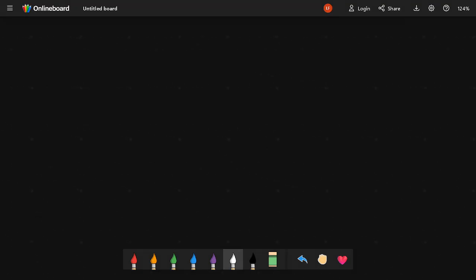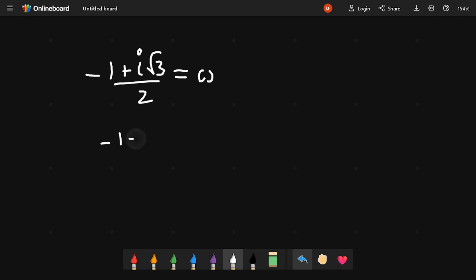Now there are some names for these cube roots of unity. So minus 1 plus i times the square root of 3 over 2 is called omega. And this is a Greek symbol, like this, omega. And minus 1 minus i times the square root of 3 over 2 is actually equal to omega squared.